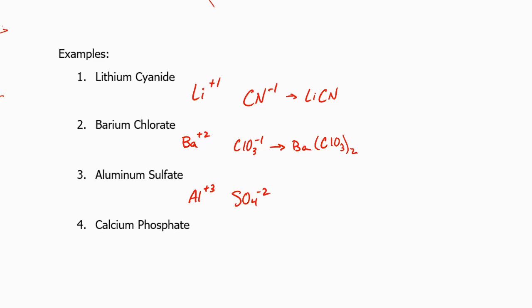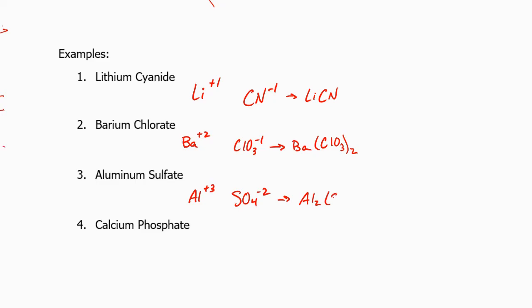So now, when we are looking at balancing out the charges, if we wanted to, we can either crisscross, which would tell us that it is Al2, and then in parentheses, we have SO4, 3. All right, so there's aluminum sulfate.